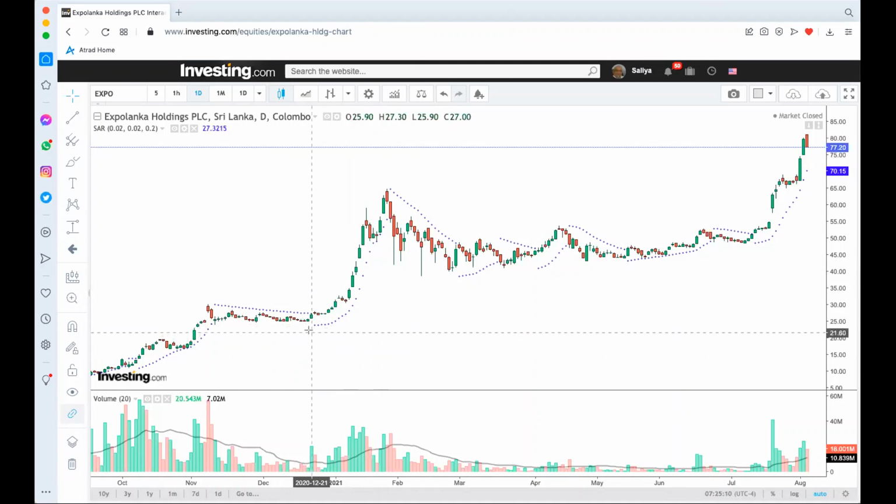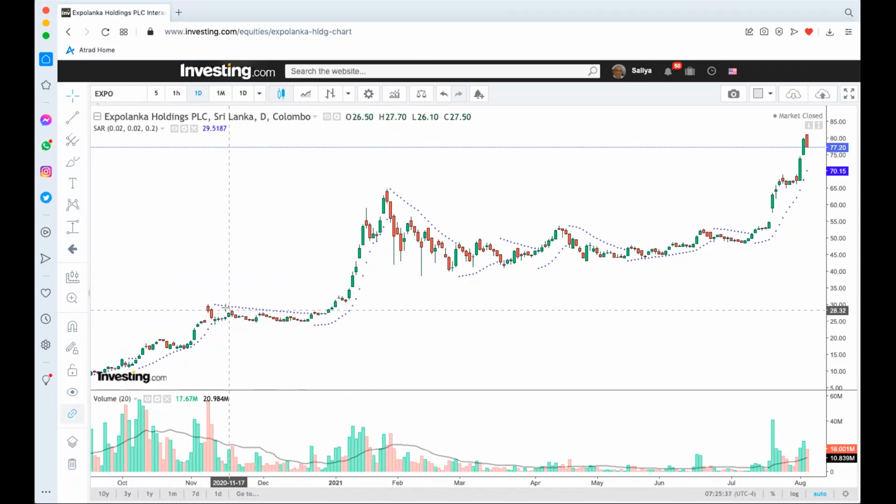What is the breakout? The breakout is when we consider the dots or the indicator above the prices, right? There is a retracement, and due to that retracement we can see that the indicator is at the top of the prices.